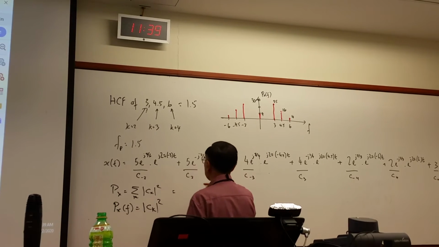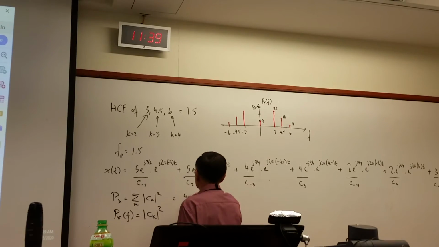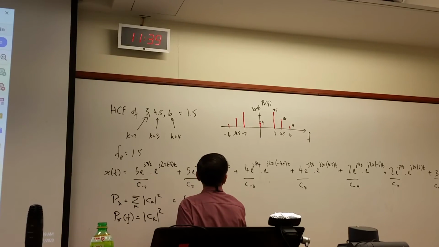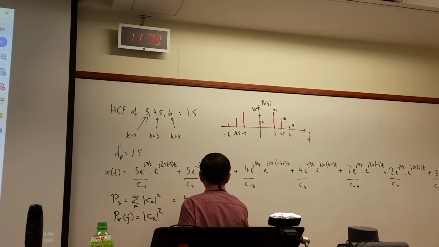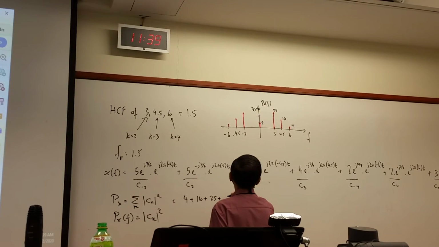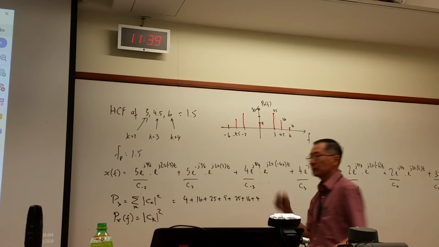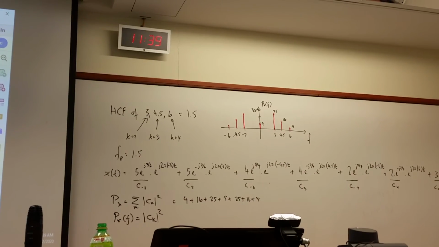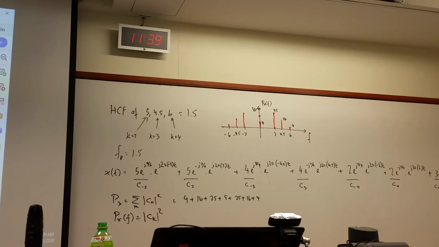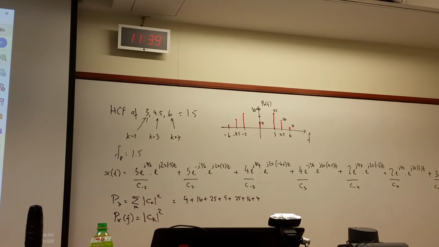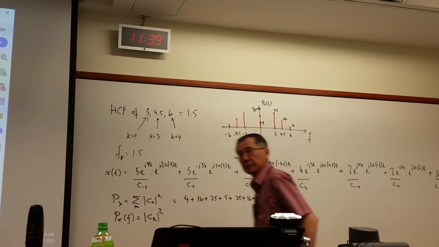Which will be summation 4 plus 16 plus 25 plus 9 plus 25 plus 16 plus 4. Okay, you can work out the details. Okay? So that's question 3.